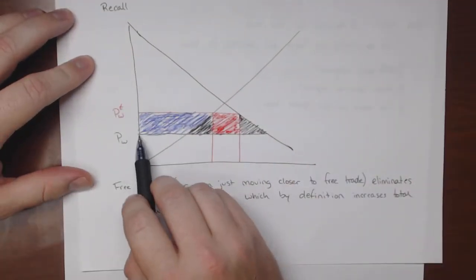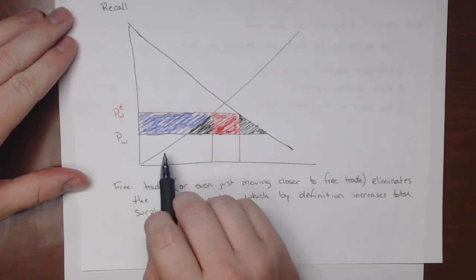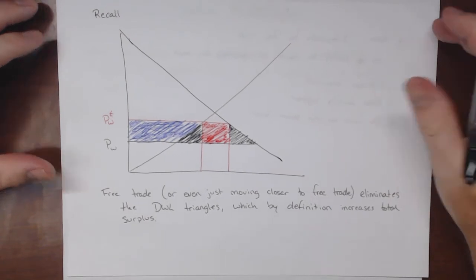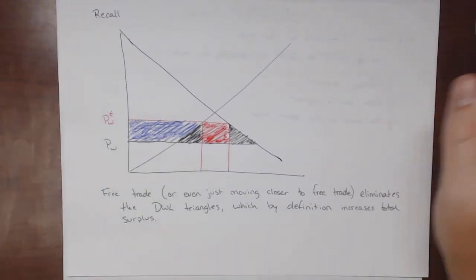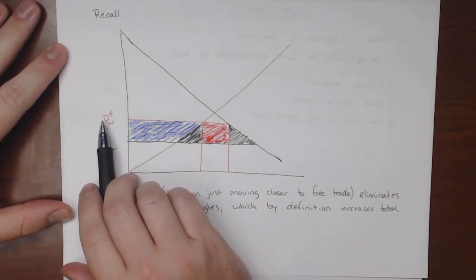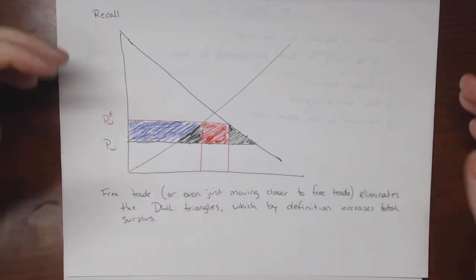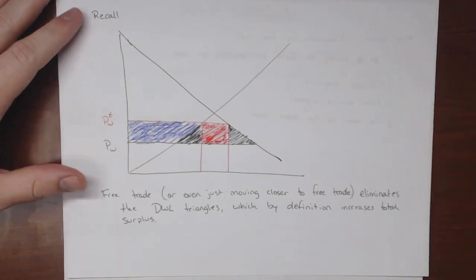At this price, at PW, there are some firms in this industry that cannot compete. They need to be charging a higher price in order to make it profitable for them to operate. And if the domestic price were to increase to this price up here, then all of a sudden those firms can actually stay in business and they can earn a profit.